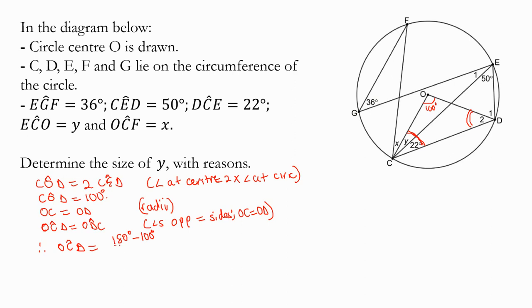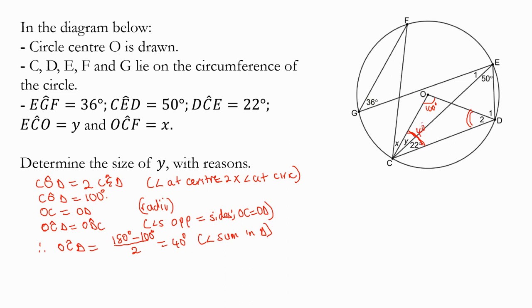So we divide this by 2, which is equal to 40. We used angle sum in triangle, and also that these are angles opposite equal sides, so they are equal. So this whole angle is 40 degrees.